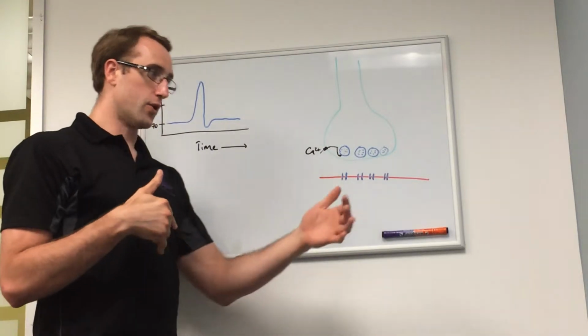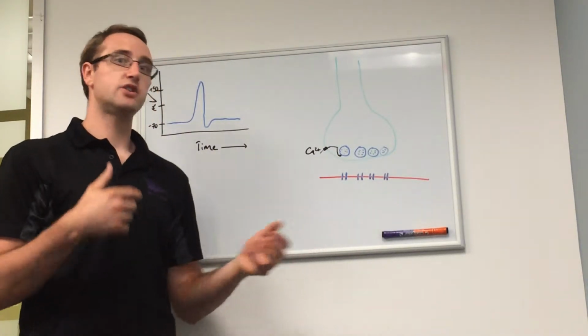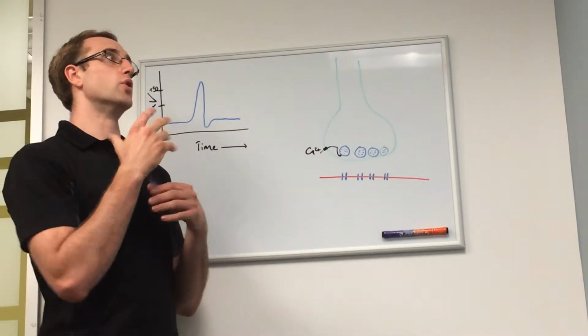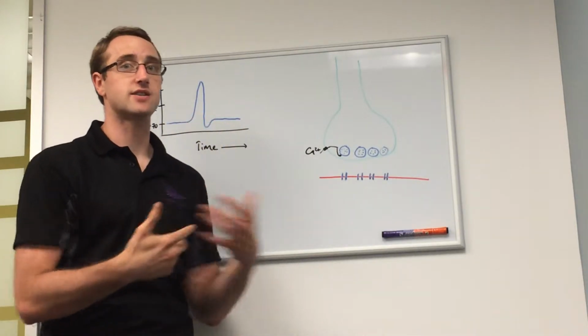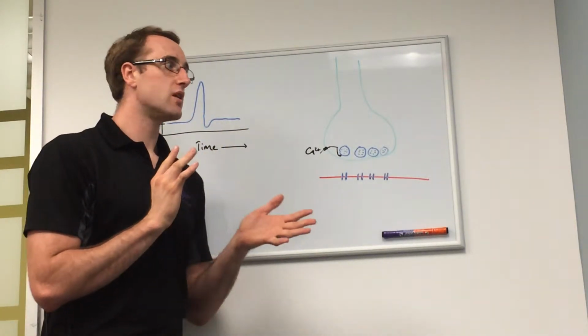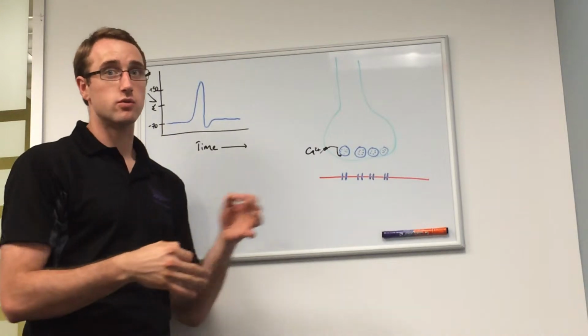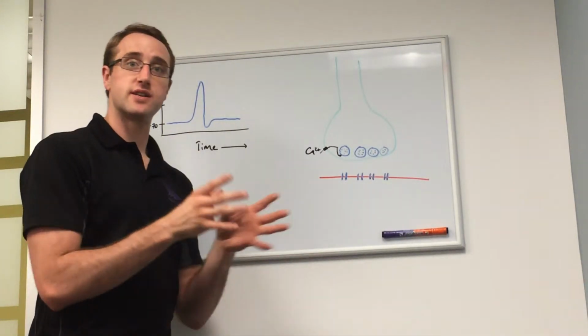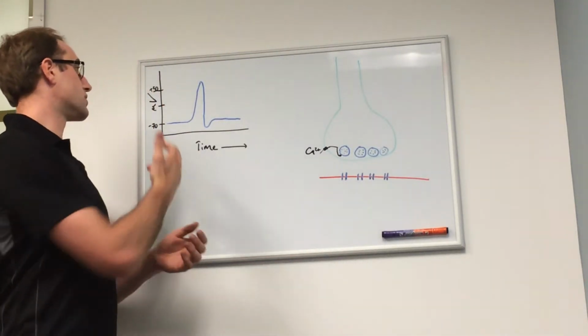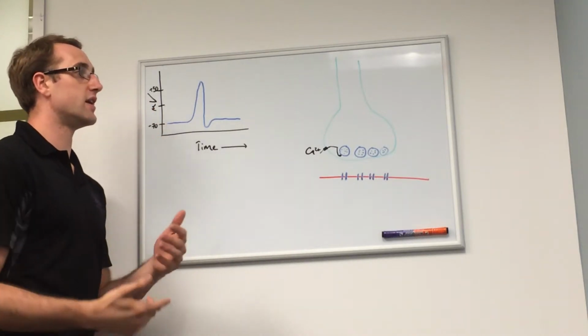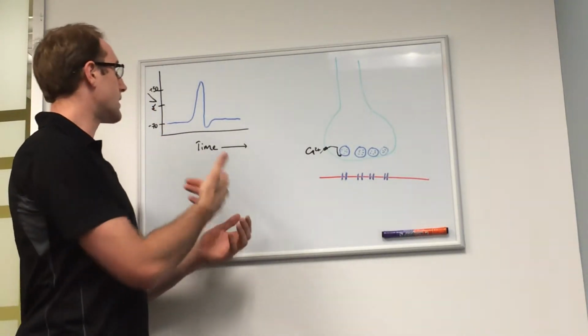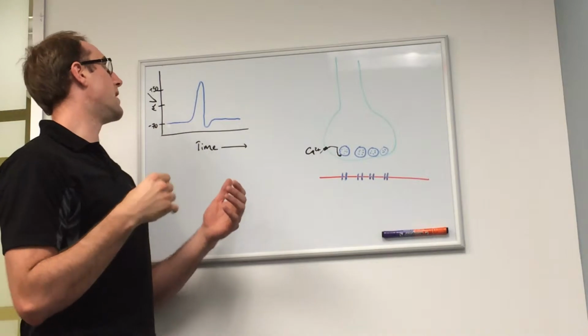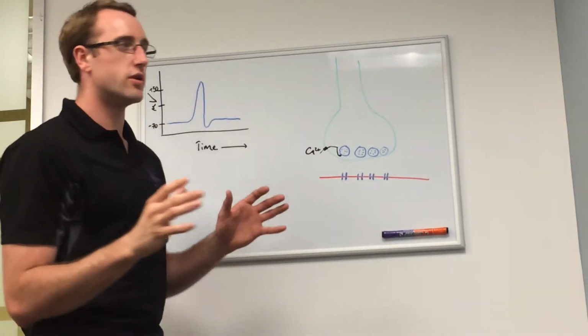Through voltage gated channels and sodium potassium pumps, the membrane potential will change through openings of these channels. So it starts around -70 and goes up to about +30 or so.